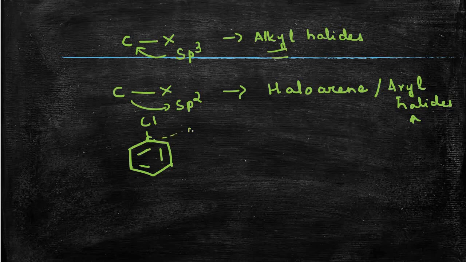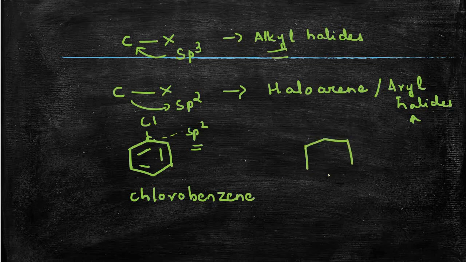These types of compounds are called aryl halides. An example for this is chlorobenzene. Similarly, we can write this one also. This one is an example for what?